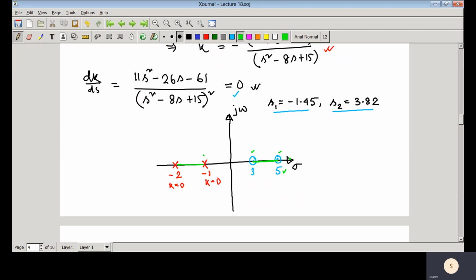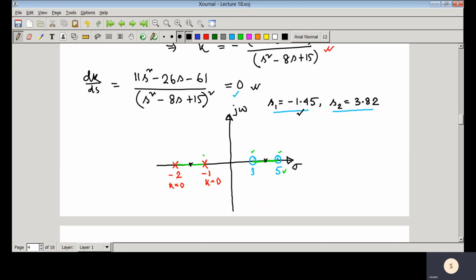So these two parts belong to the root locus. Then there is a point at -1.45, which is inside this particular segment, and the other one, s2, is inside this other segment.